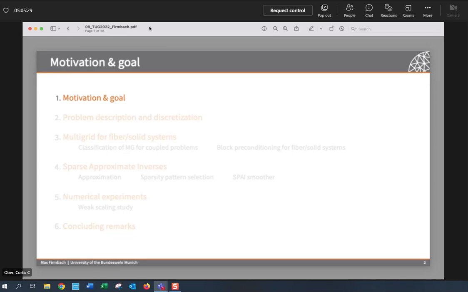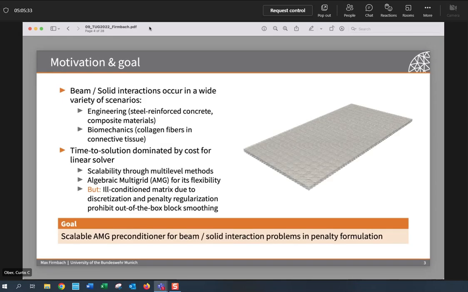So let's start with the motivation. Beam-solid interactions actually occur in a wide range of scenarios. As you can see on the right side, in engineering applications, you would find it in composite materials or in steel reinforced concrete.